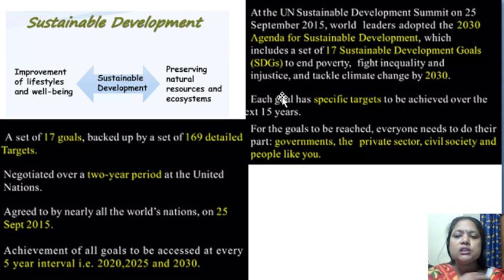So these are the 17 goals, and it is also known as the 2030 Agenda for Sustainable Development Goals.